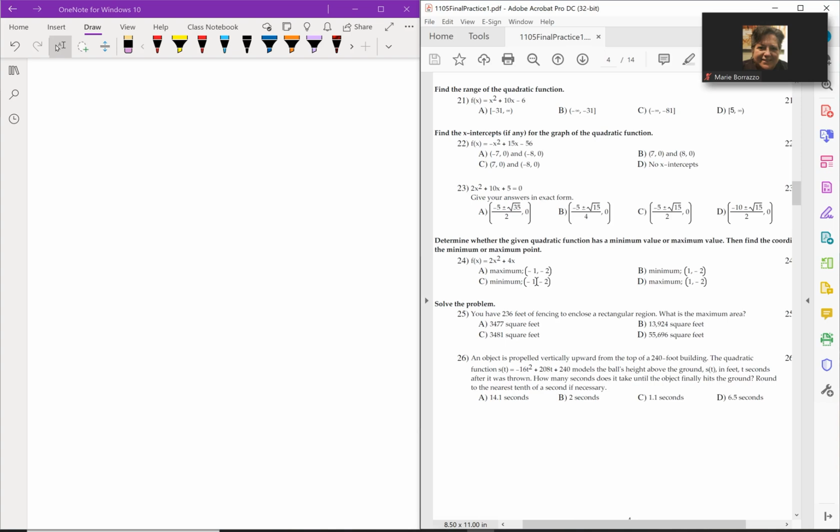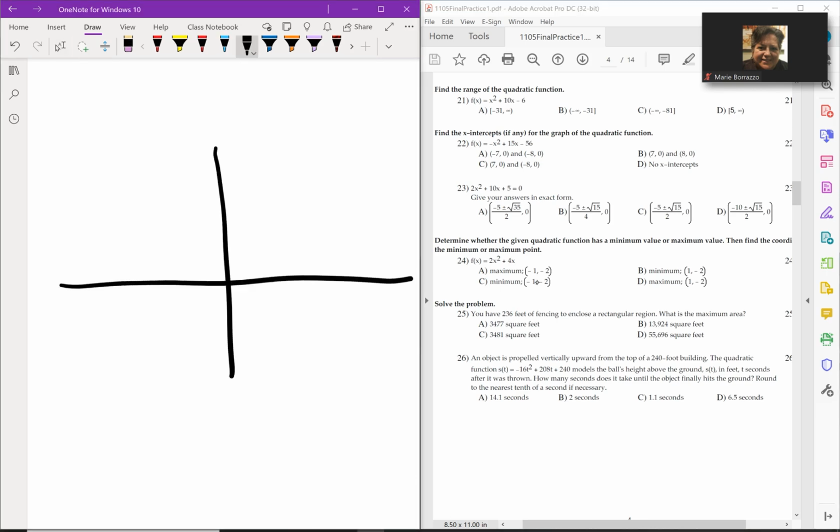In this case, they want you to find the range of the quadratic function. Now, remember the range is the y values. You always read them going this way when you look at the drawing or the figure. So I'm coming from the bottom up.